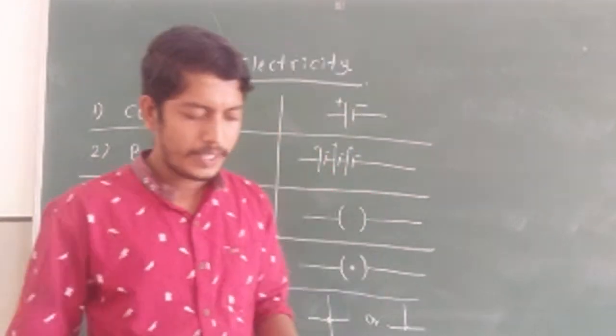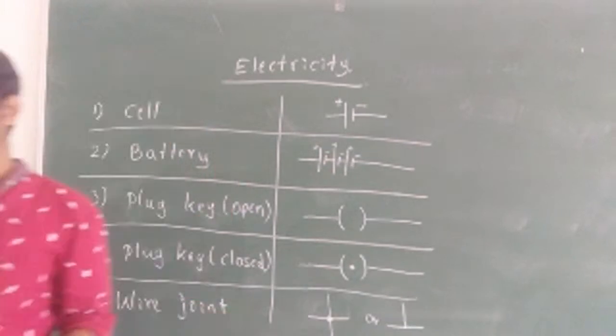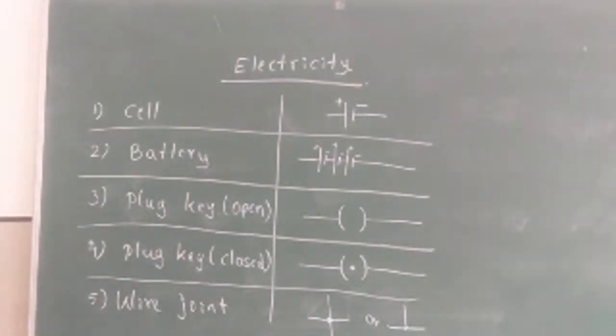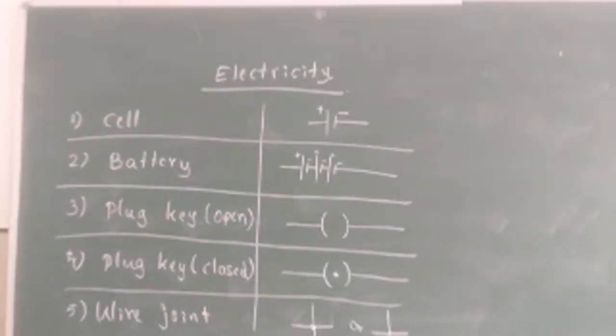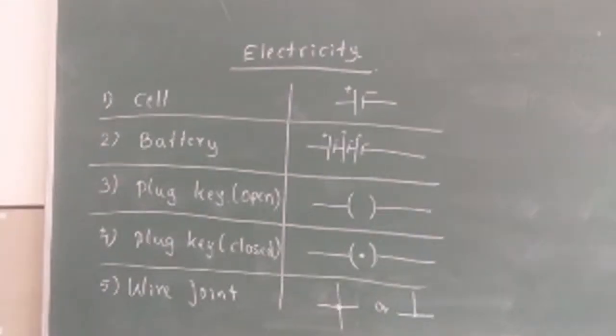Then after that, wire crossing without joint. So just look at these diagrams.